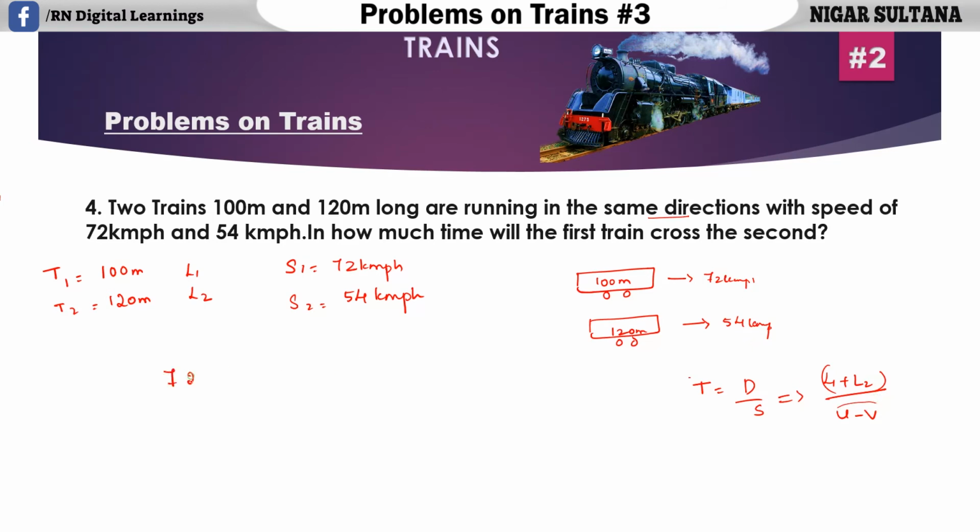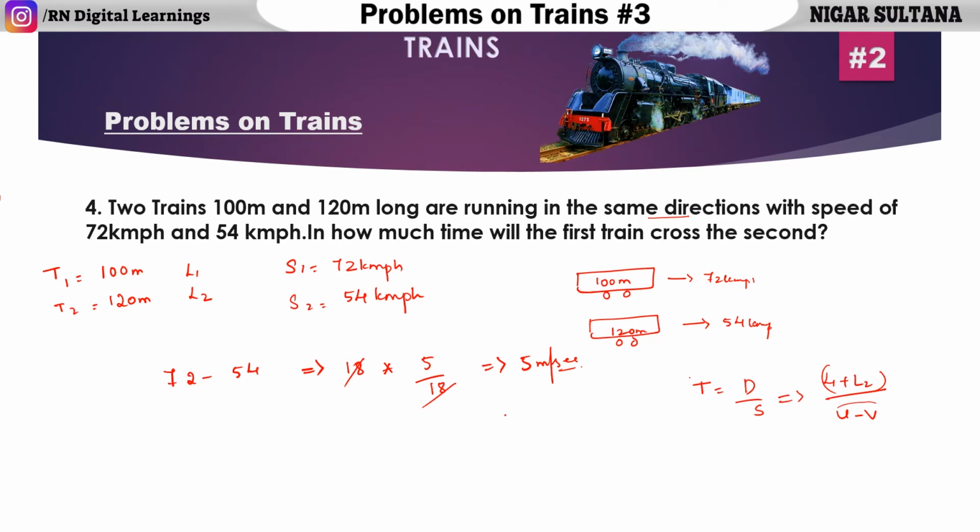What is 72 minus 54? It is 18. Now this value has to be multiplied by 5 by 18. The value is 5. So it's 5 meter per second, right? So this is our speed now.